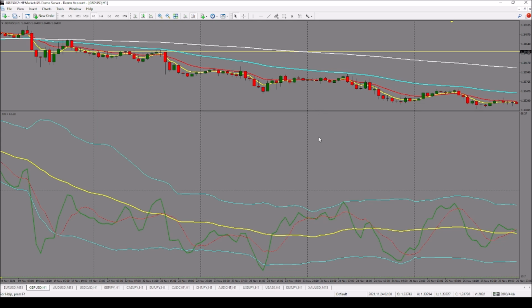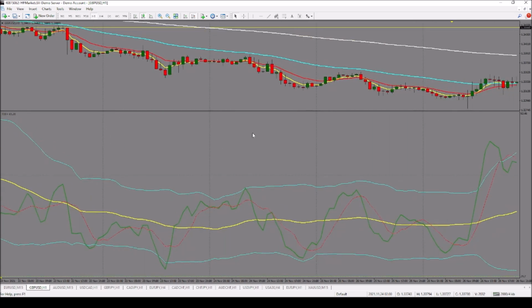So the first thing that I'll do is to define what a TDI is. A TDI is basically an indicator that derives most of its properties from the relative strength index, or RSI, indicator.